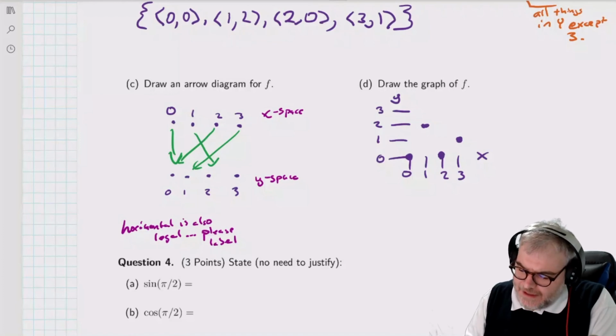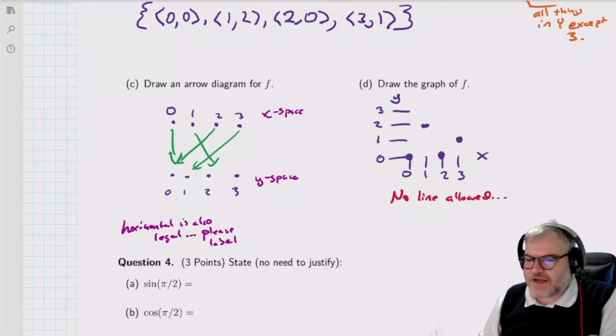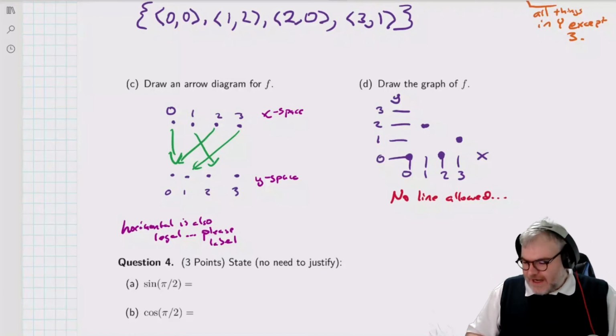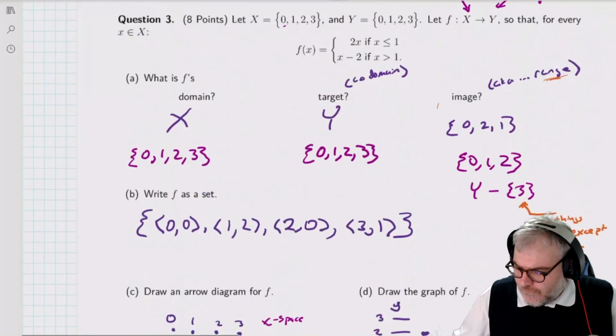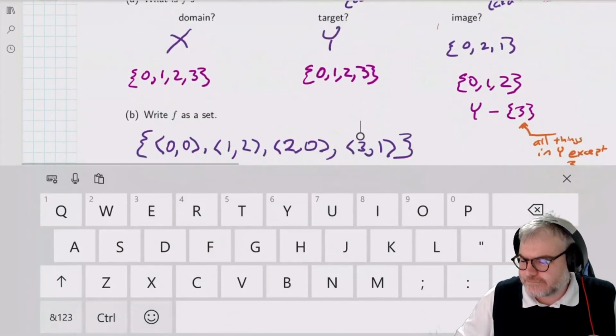Why can I not allow the line? Because those values aren't in my domain. Not defined, right? What is F of 1/2? Hell if I know, it's not in my domain. Doesn't exist.